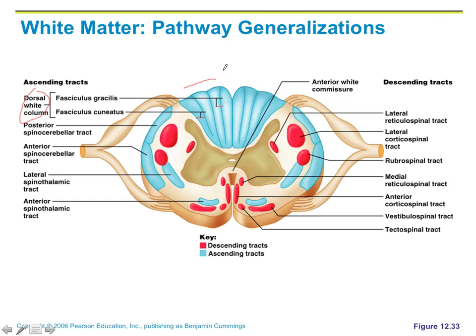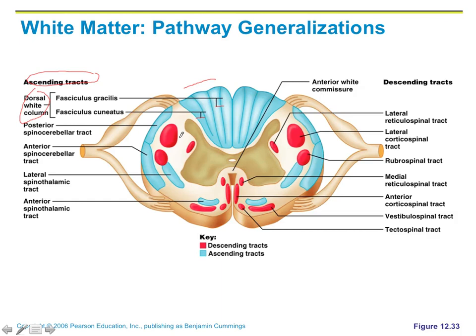This is the ascending tract. That means this is white matter. The white column is made of bundles of neural fibers. These neural fibers come from the different segments of the spinal cord and travel upward to the brain, so this is called an ascending tract.